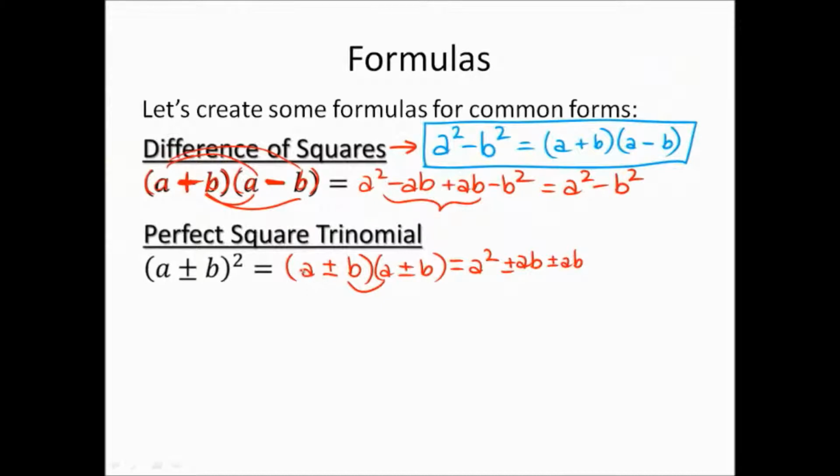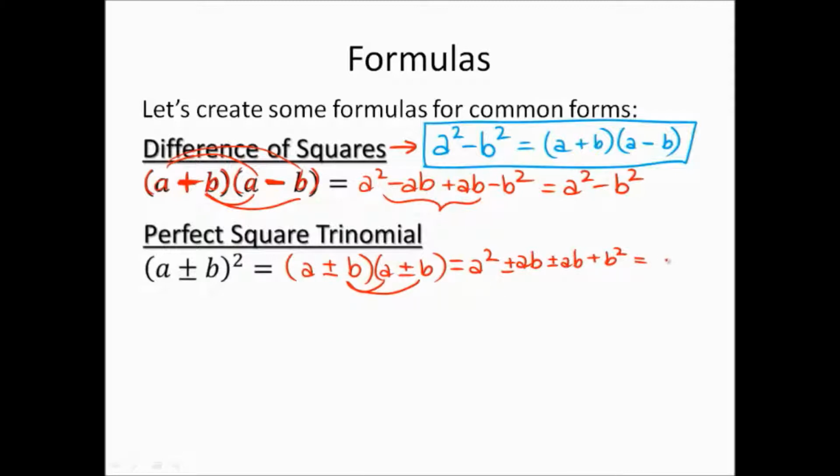So notice if this one was a plus, then both of these would be plus. If this one was a minus, then both of these would be minus. And the last term, if you multiply positive b times positive b, you'd get positive b squared. If you multiplied negative b times negative b, you'd also get positive b squared.